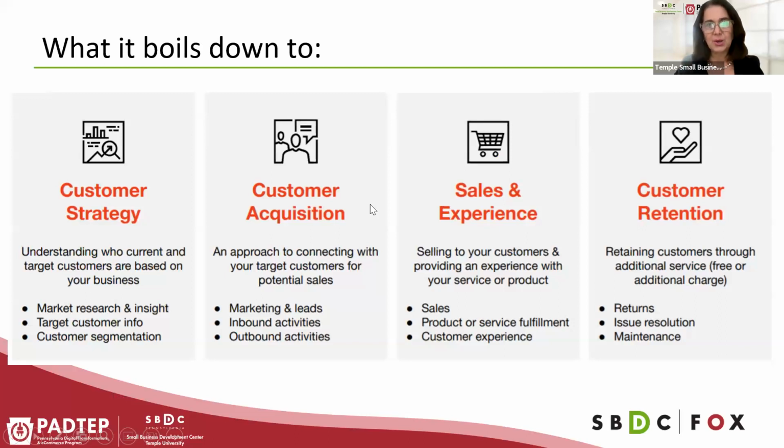So really what CRM boils down to is 4 key points. First is the customer strategy. Here you understand who your current and target customers are based on your business needs. The way you do that is through market research and insight, target customer information, and from that target customer segmentation.